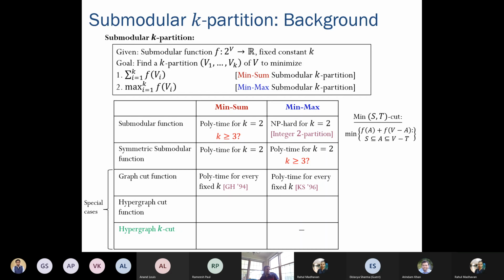Right. For hypergraph cut function, min sum hypergraph 2 partition is a special case of min sum submodular 2 partition. So this is polynomial time for K equals 2. So all these three cells are special cases of submodular function. So we get these results for K equals 2.